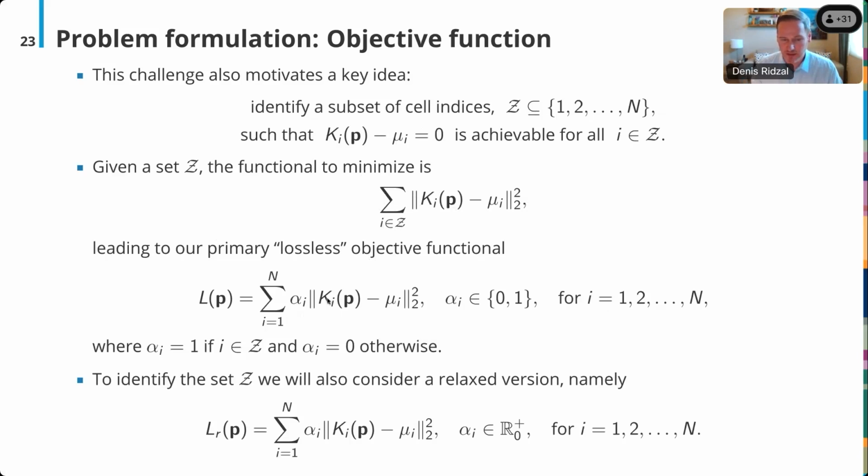And note here that these alpha i's are binary. So they can be 0 or 1.